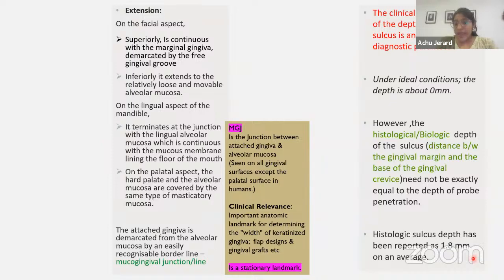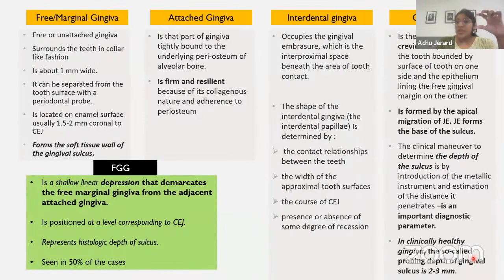Whereas the clinical probing depth, in an ideal condition, is supposed to be 0 mm because there should not be any probing depth. That is what is said. But that ideal condition doesn't exist. Everybody has some sort of probing depth. The normal probing depth, we say, is about 2 to 3 millimeters. And that depends on various factors.